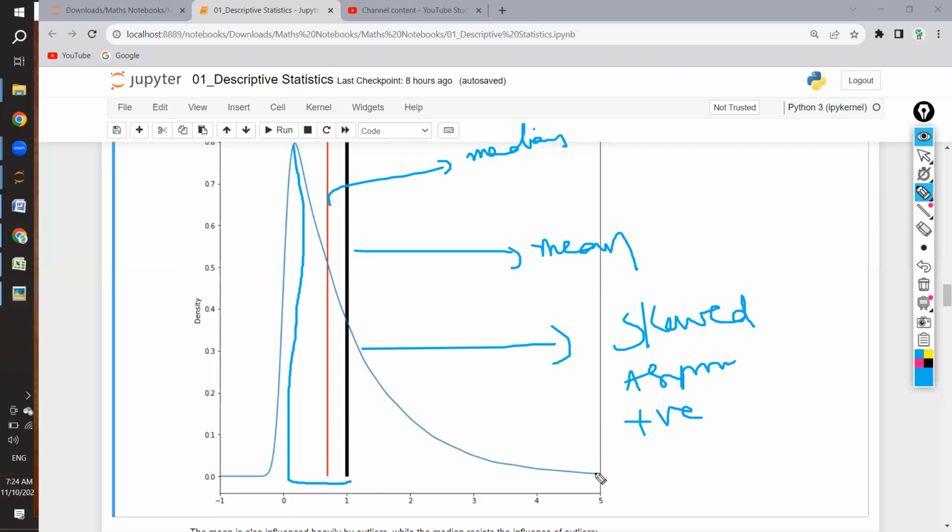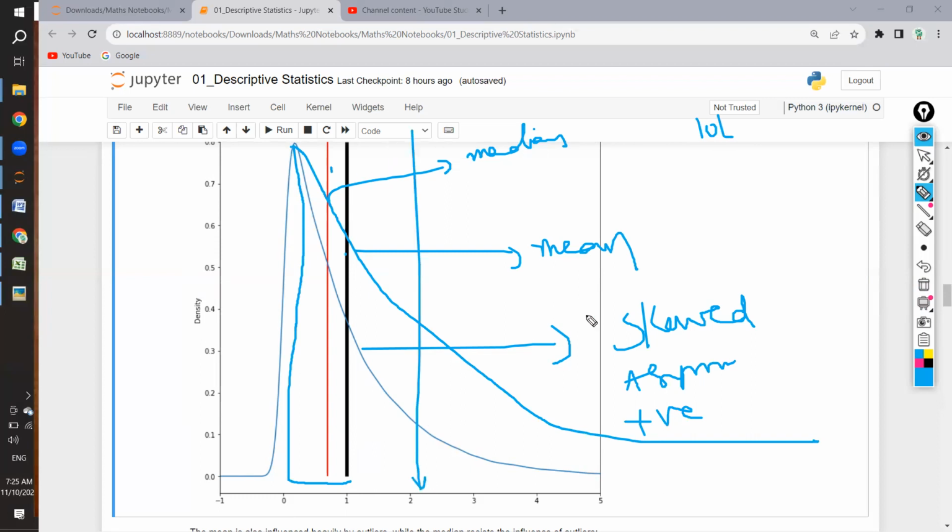If instead of 1 lakh you take 10 lakh numbers, this exponential curve will be more exponential, and the mean will shift even further. The median might shift slightly, but the mean will drastically shift.